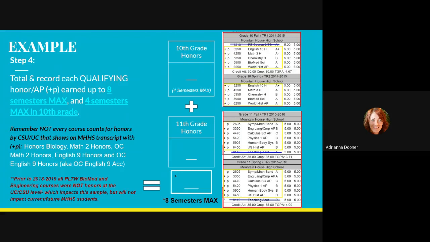So you don't have to worry about when your student took it. But in this example, a student did take a biomed course during a year prior to 18-19. So we don't get to give them honors points for that. And that will just be unique to this sample.